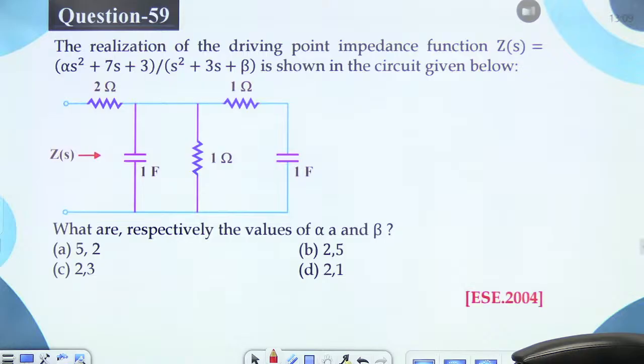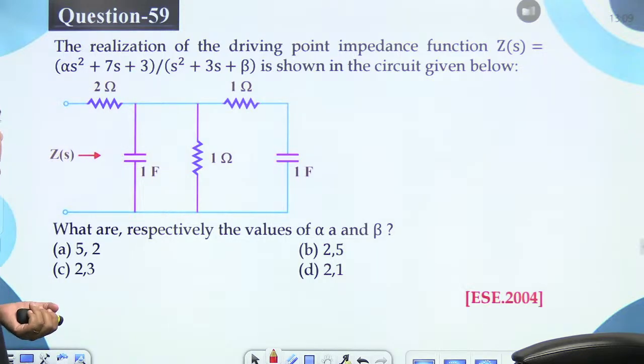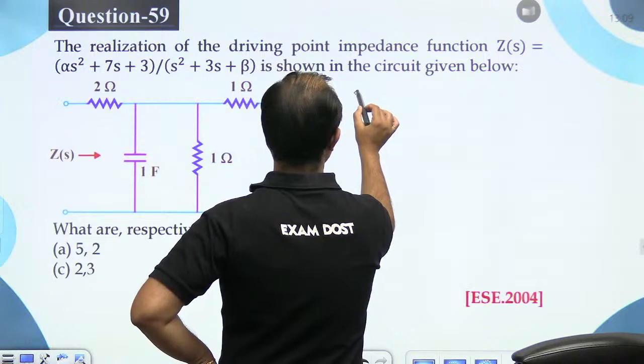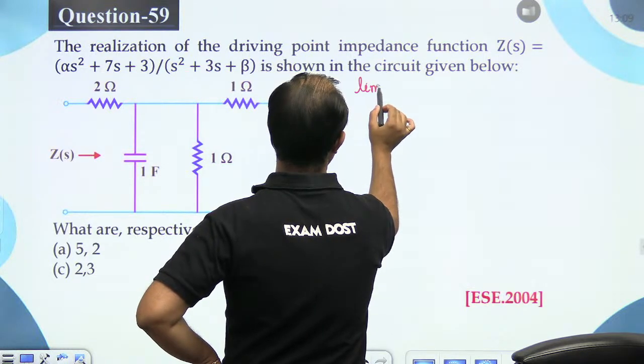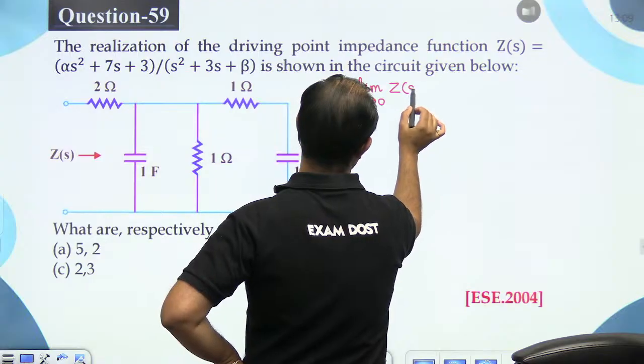The realization of the driving point impedance function ZS is given. What are the values of alpha and beta? तो इसमें भी देखिए वही कॉन्सेप्ट लगाइए, लिमिटिंग S tending to 0 ZS.